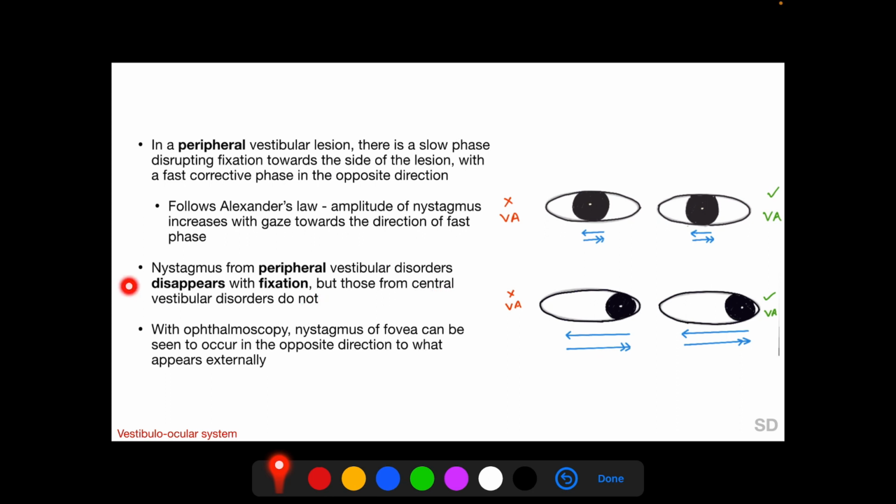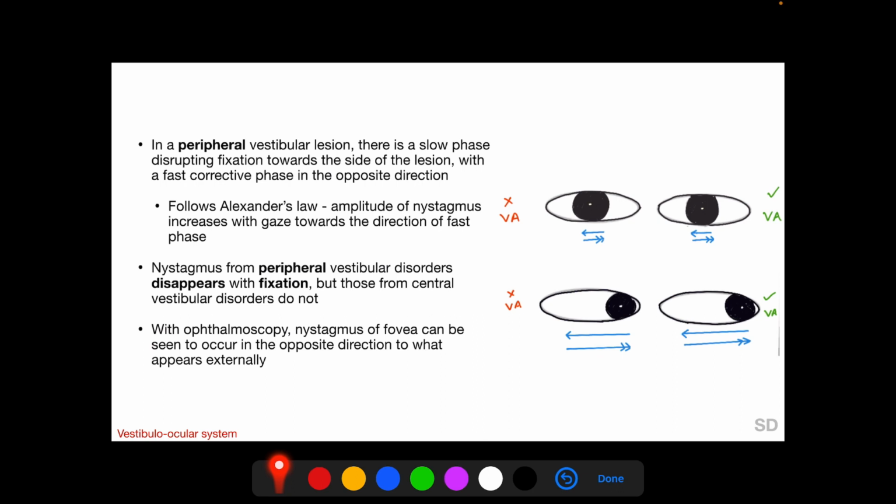So this is the second important differentiating criterion of a peripheral vestibular disorder from a central vestibular disorder, the other being the peripheral vestibular disorder having a combined horizontal torsional nystagmus, and the central vestibular disorder having either an isolated vertical or an isolated torsional nystagmus.